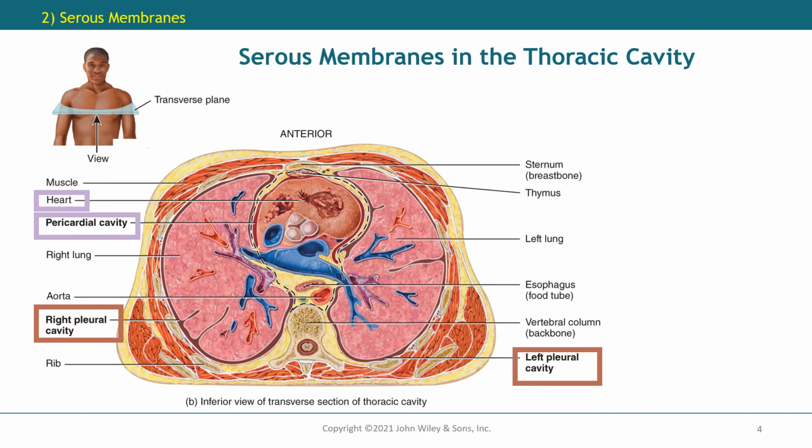So here we have another diagram, but if you remember, we just talked about the different planes. Here you have a transverse plane to study this. So now we have the anterior part here, and the posterior will be here. And here you see the heart.